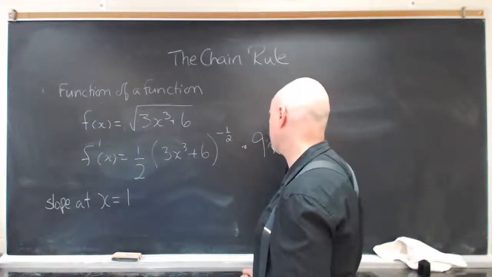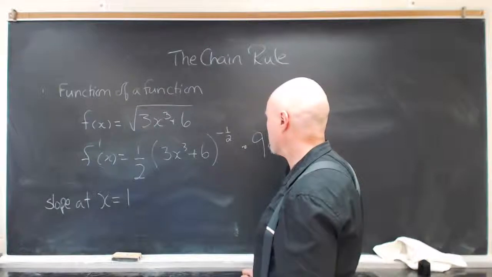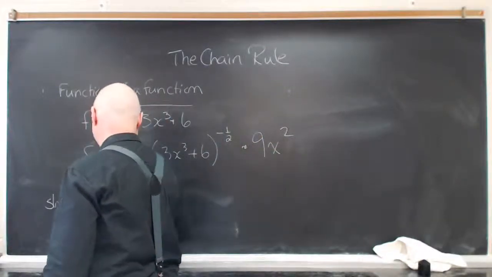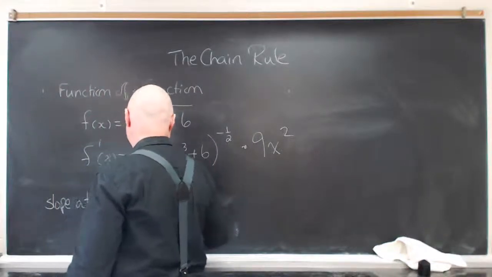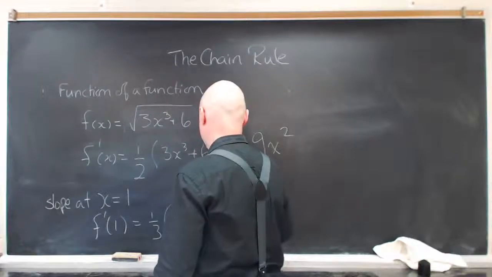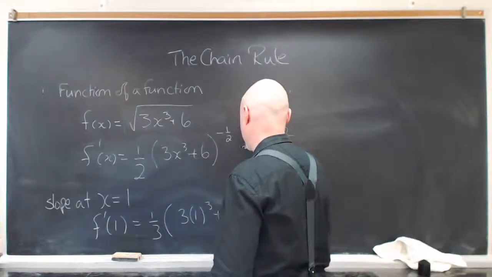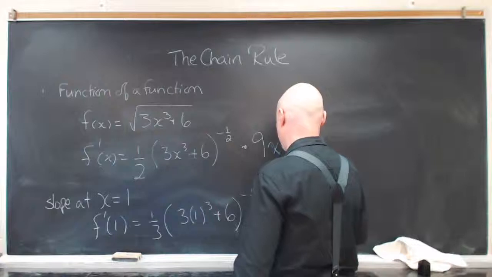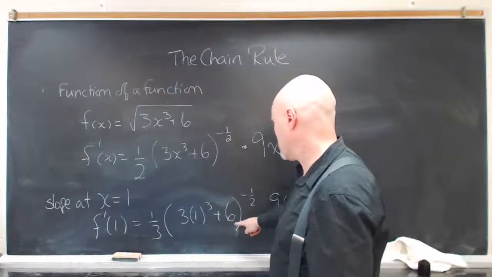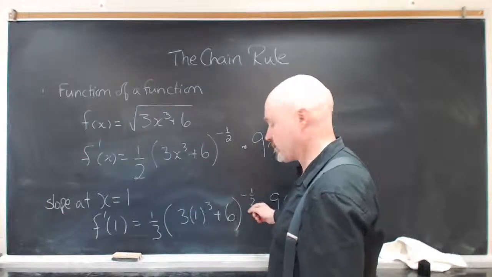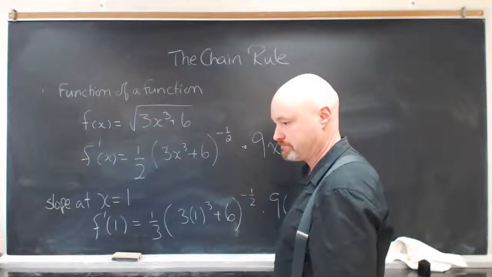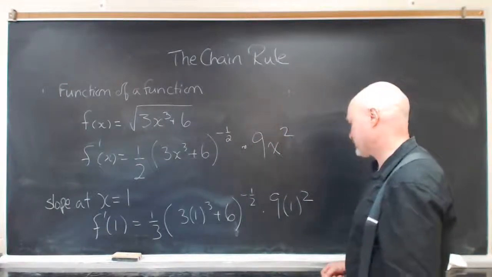Three halves. I think you're right. So f prime at 1 is equal to 1/2 times 3 times 1 cubed plus 6 to the negative 1/2 times 9 times 1 squared. So that's 1/3, 1/9. I think it's just 1. No, you're like dumb. Just 1.